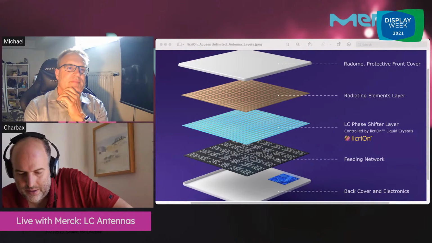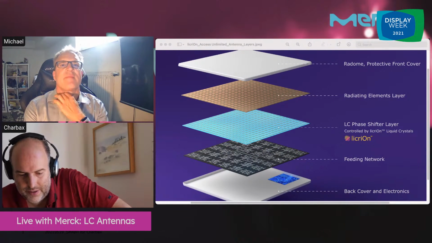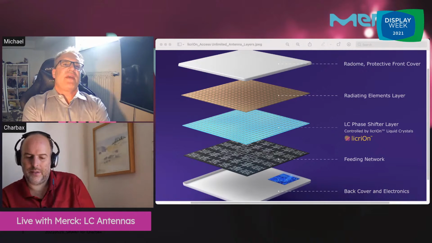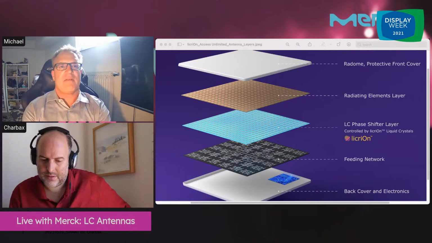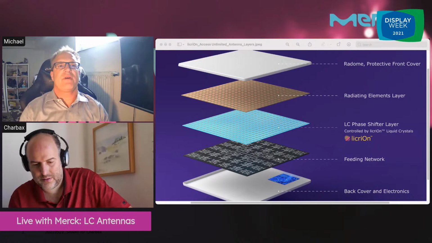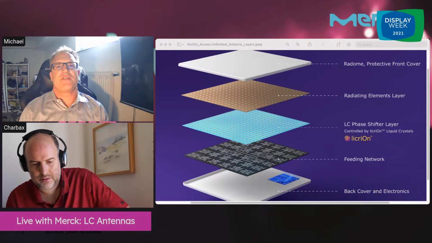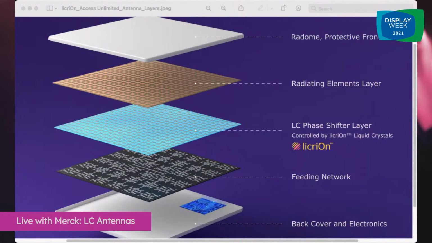All right, and then you have the liquid crystal right there. Very similar to a display, we have a layer with the phase shifters and the liquid crystal layer, and you can control every phase shifter using the liquid crystal layer.